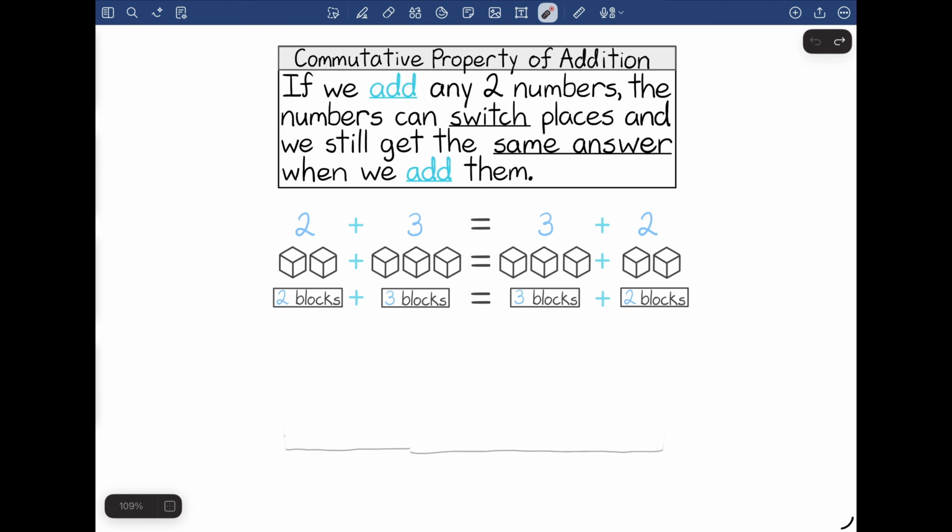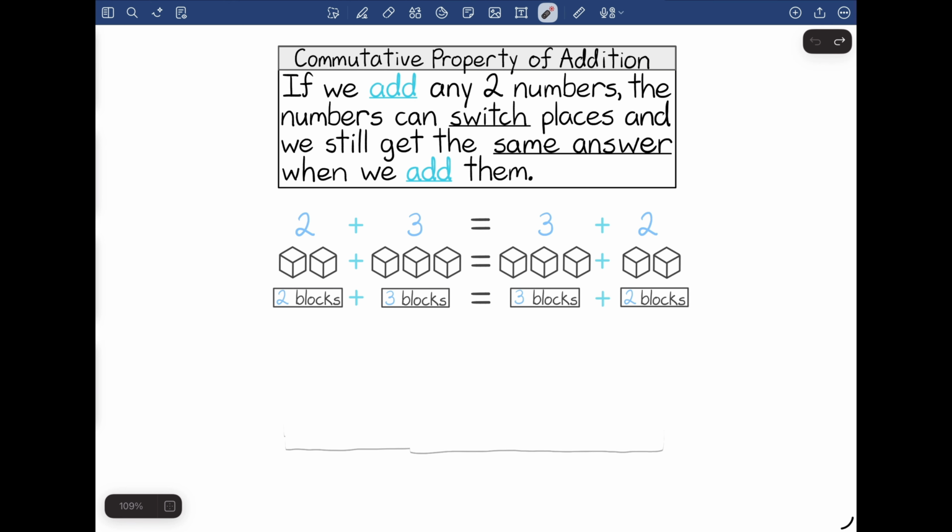Now, a couple important points. The first one is for the commutative property of addition, it has to work for any 2 numbers. So in our example, we had the 2 and the 3, and we were able to switch the places of the 2 and 3, and we still got the same total at the end. This should work for any 2 numbers we have. So 4 plus 5 should equal 5 plus 4 as an example.